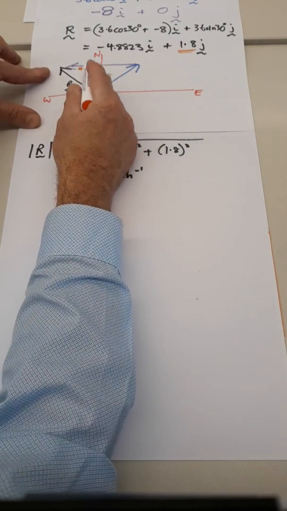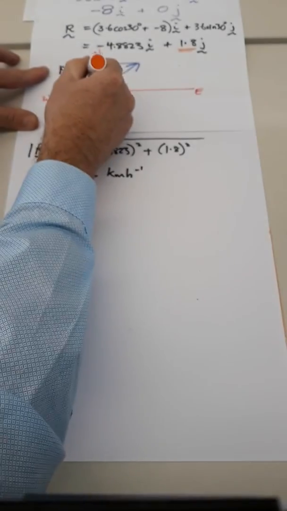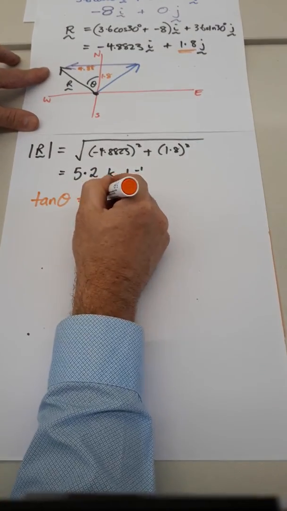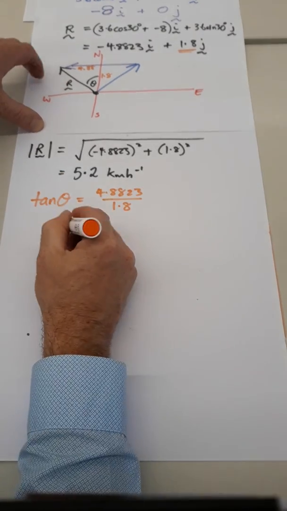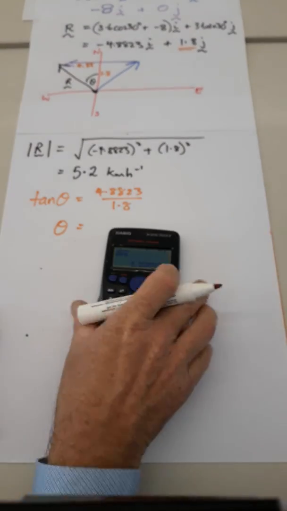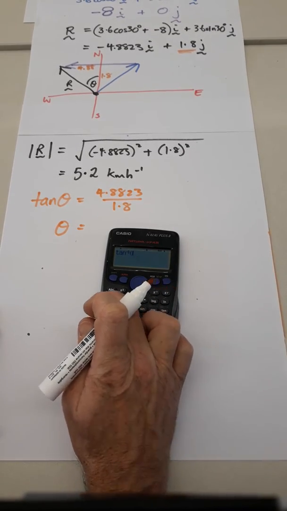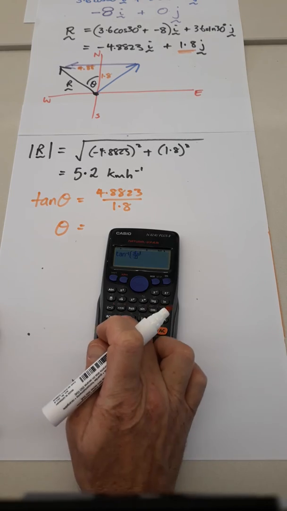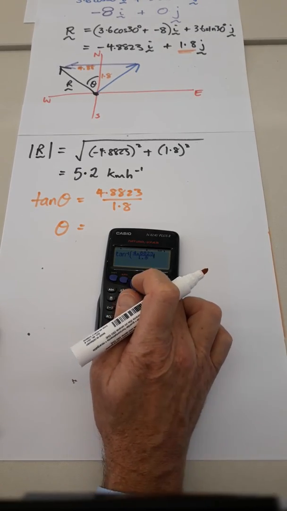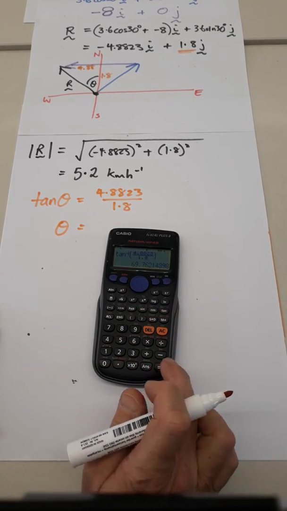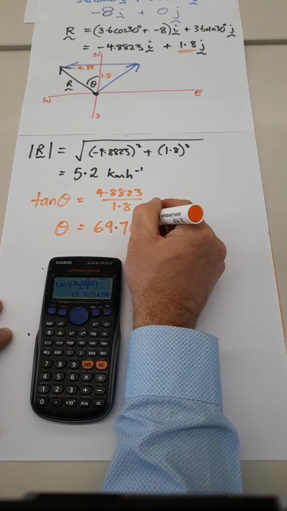So you could work out that tan of theta is 4.8823 on 1.8. So shift tan of 4.8823 on 1.8, and we end up with 69.76 degrees.